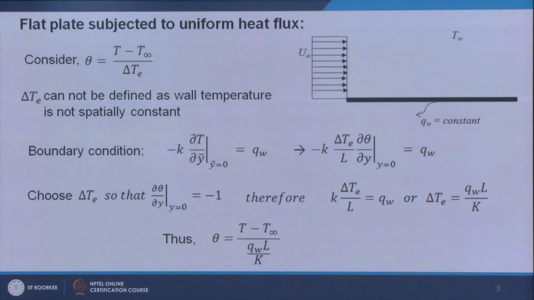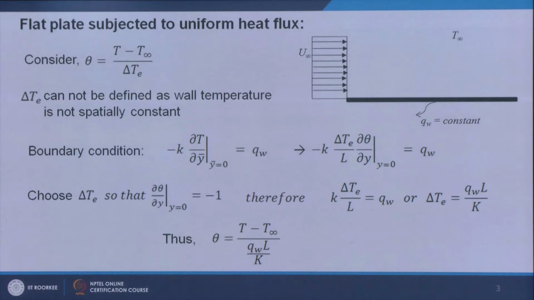So we can choose this delta Te in such a fashion that it captures all these other constants and makes this boundary condition very simplified. In order to do so, we write del theta by del Y at Y equals 0 is equal to minus 1, let us say. We want to shed all these coefficients. So in that case delta Te needs to become Qw L by K.